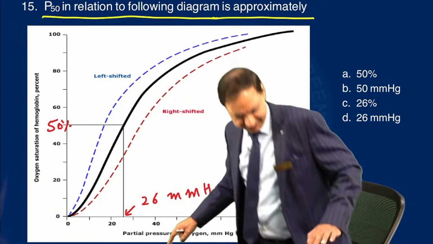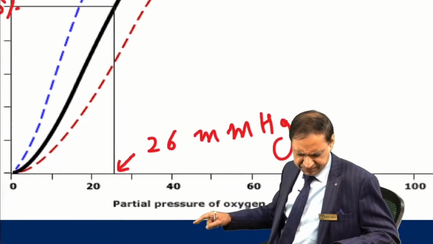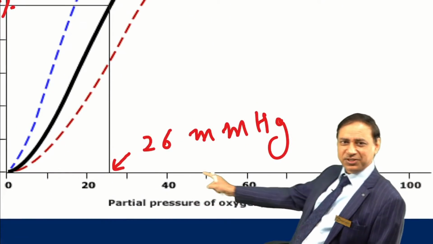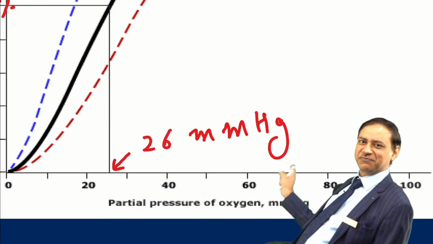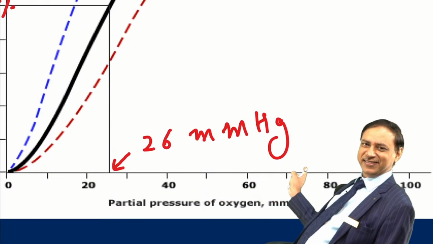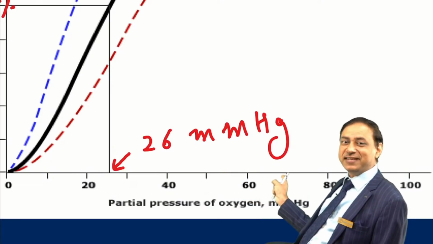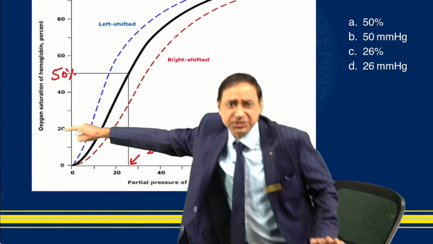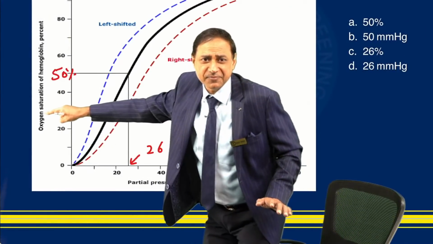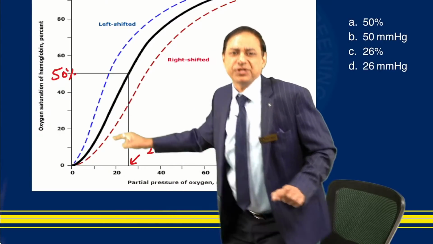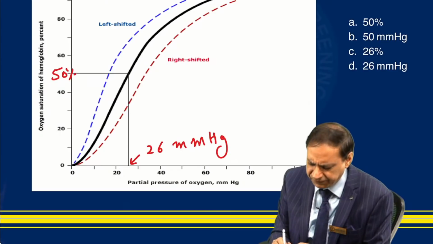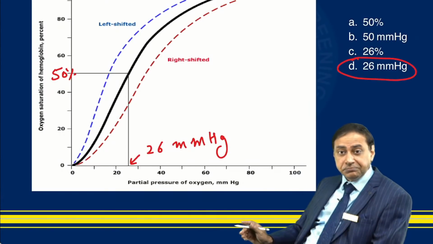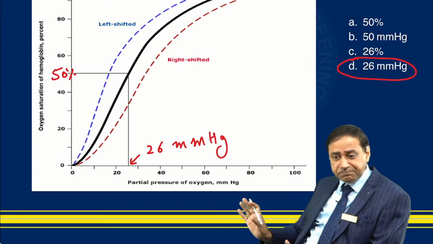The unit here is millimeter of mercury: 40 millimeter of mercury, 60, 80. This is the partial pressure of oxygen, and this is the percentage saturation of hemoglobin. So it is 50% saturated at 26 millimeter of mercury. So this is the answer. Is it clear?